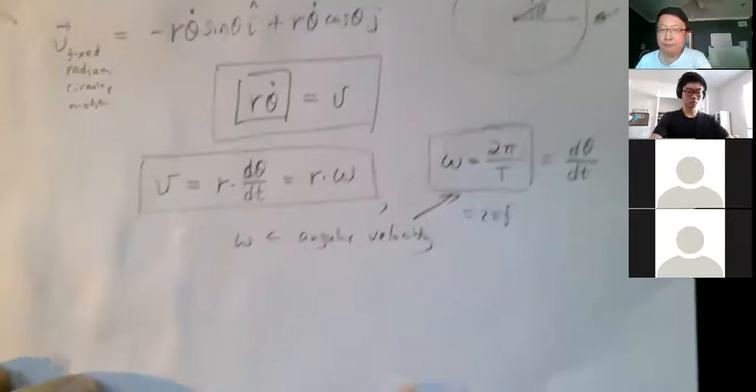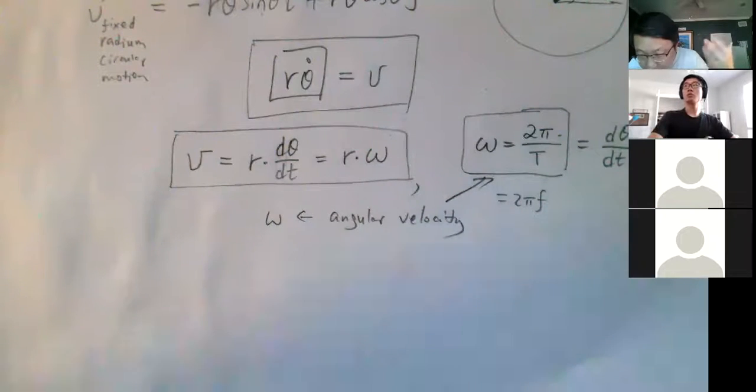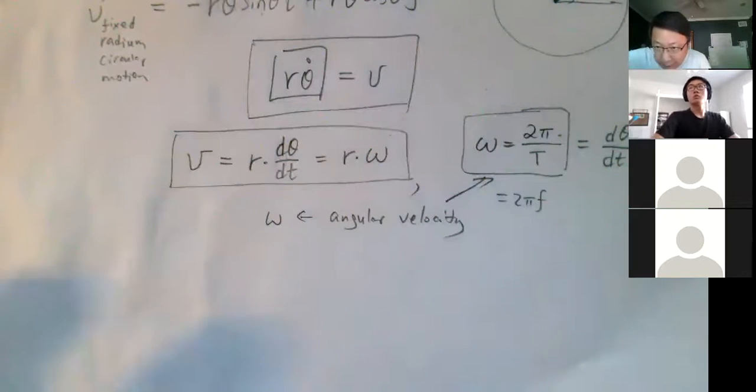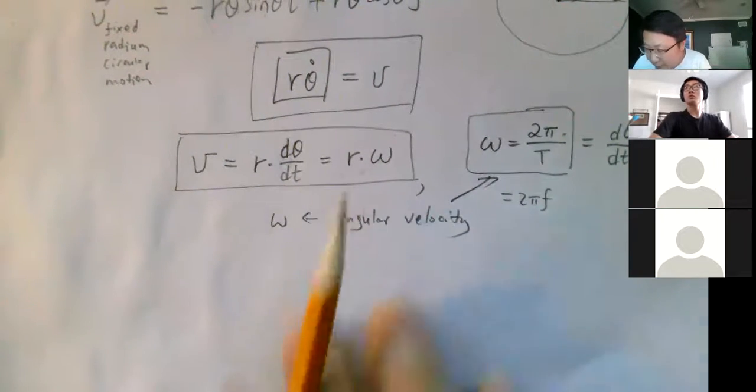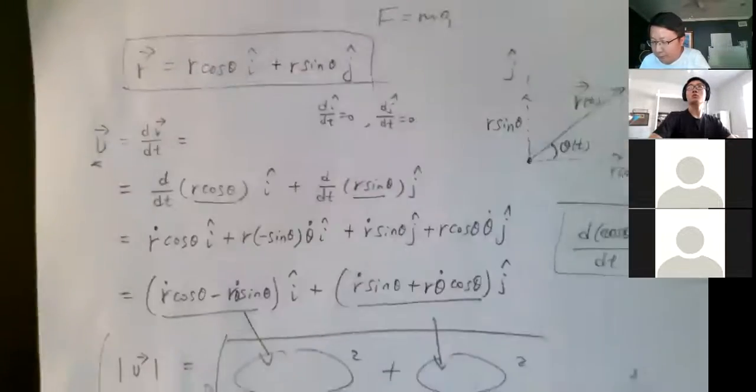Got it? Because we are going to deal with circular motion a lot later, good examples like orbiting, or water spinning in a basket. So that's why we need to derive this here. Understand? This is where you're coming from.